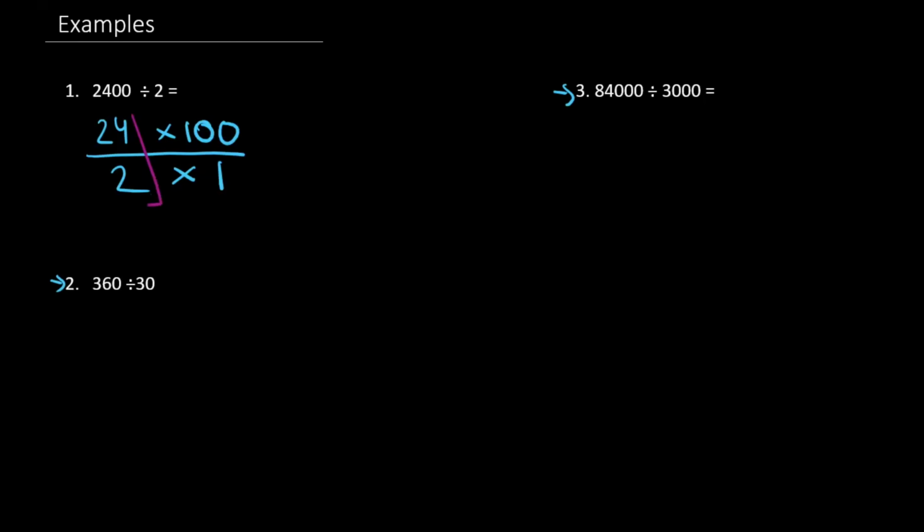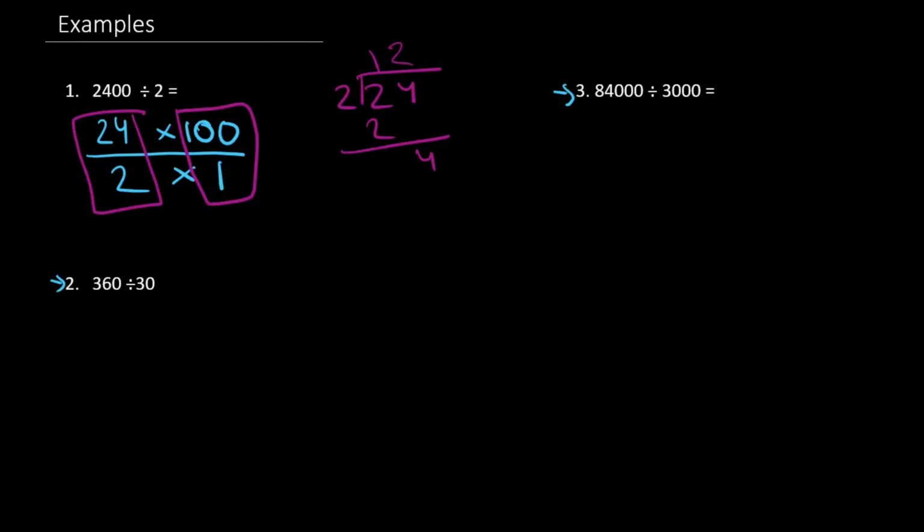So we do 24 divided by 2 first, then 100 divided by 1, then we multiply it together. 24 divided by 2, let's do it over here. 2 goes into 2 once, and then 2 goes into 4 2 times.